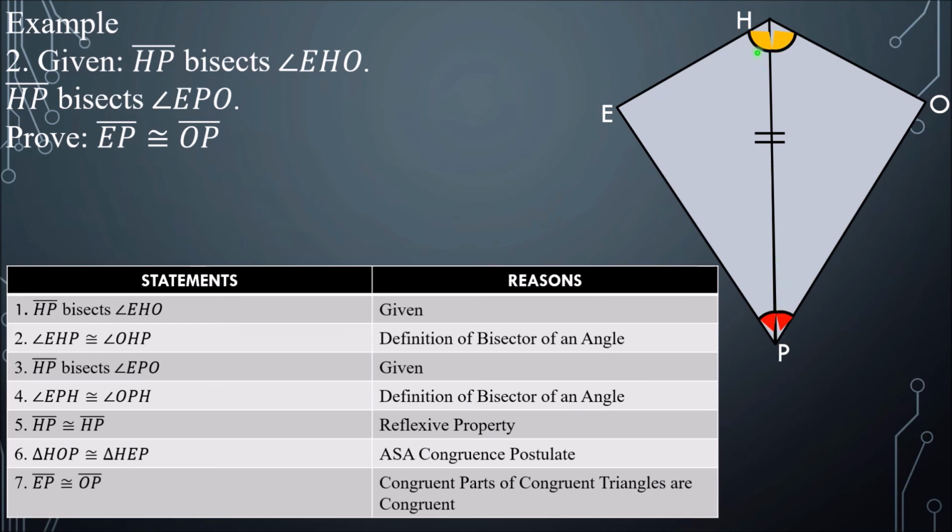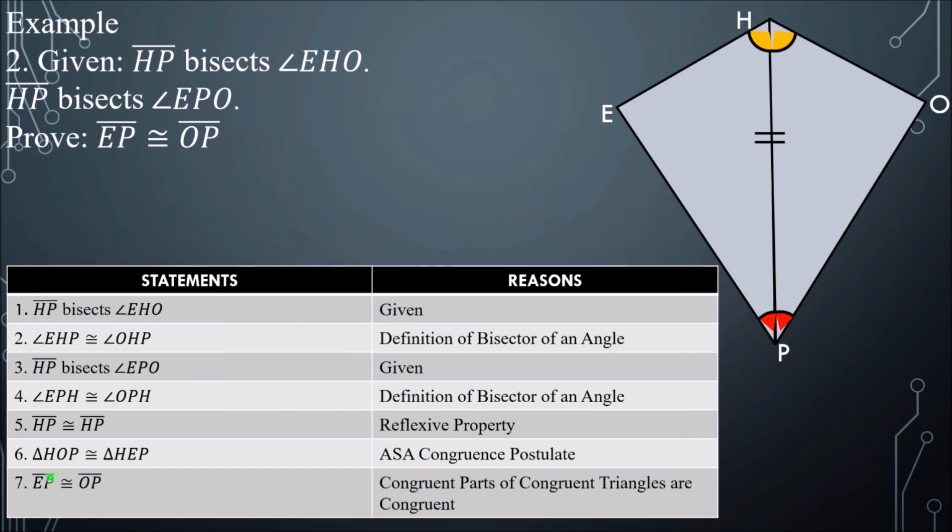So we have now angle, side, angle. Therefore, triangle HOP, this triangle here, is congruent to triangle HEP. The reason is ASA congruence postulate.